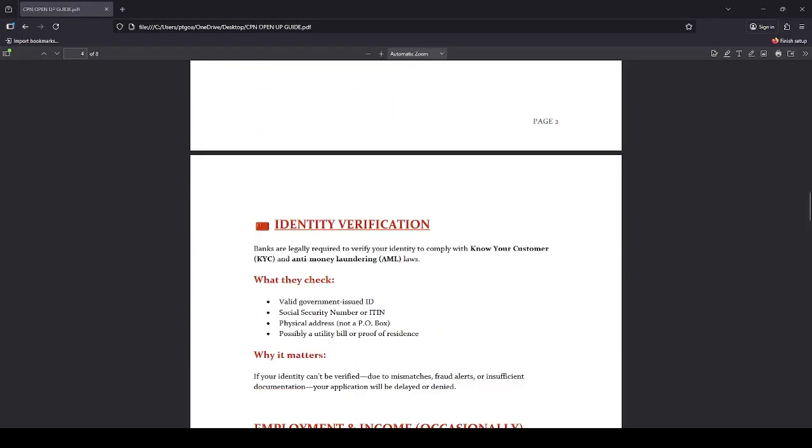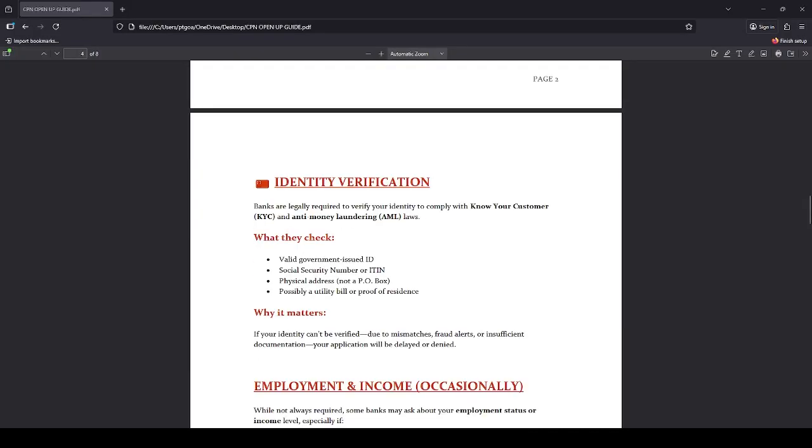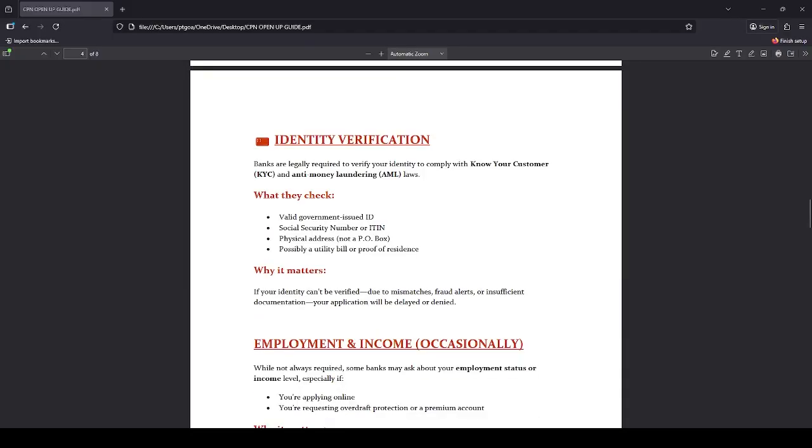All right. Identity verification. Banks are legally required to verify your identity to comply with the KYC, know your customer, and the AML, anti-money laundering laws. So the way that these banks verify your identity is through possibly a utility bill or proof of address, an ID, and these are all things that you can provide.